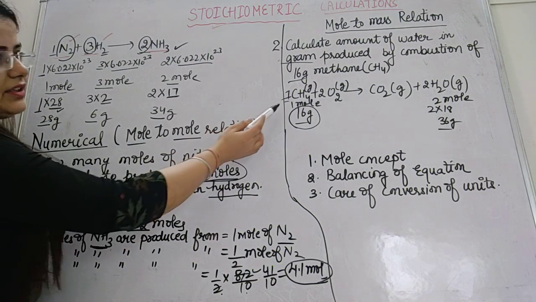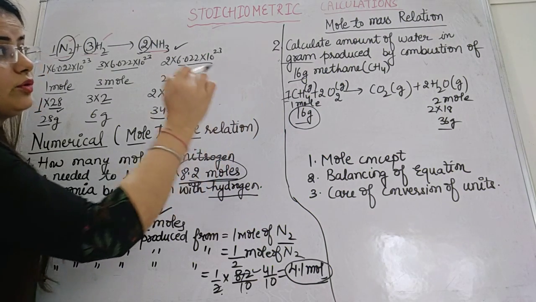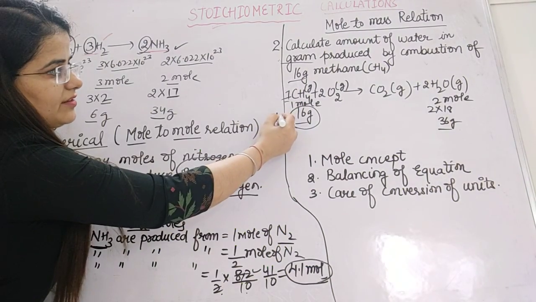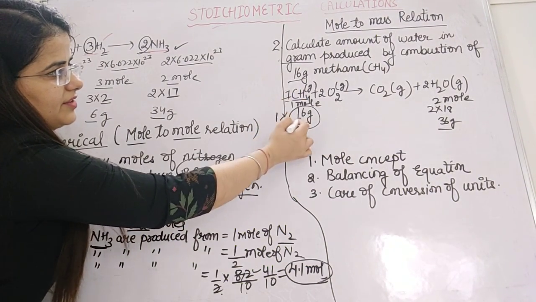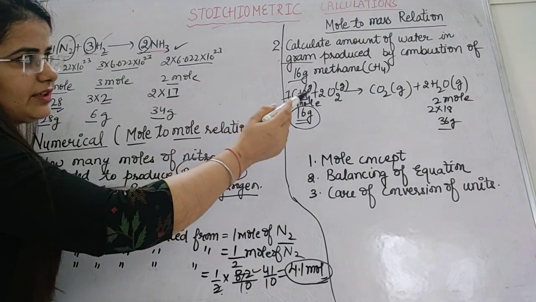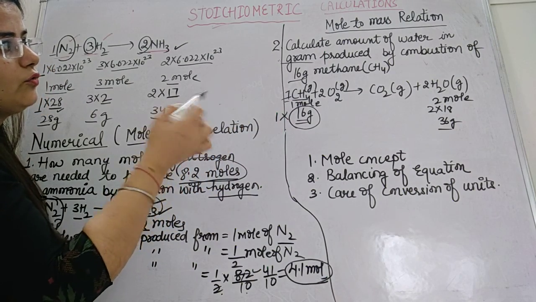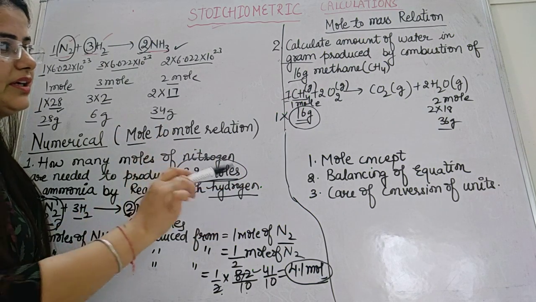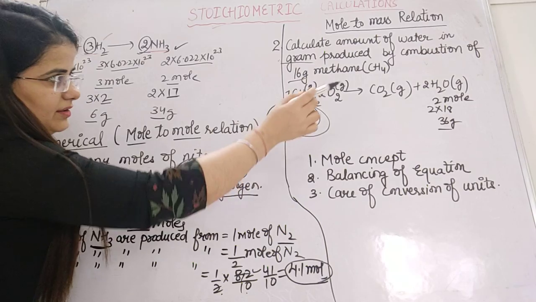Okay? After this, if you have to relate mole with mass, so 1 mole, what is the mass here? 16 gram, 12 plus 4. After that you have to find the amount of water when methane's combustion takes place. It means you have to compare methane with water, right?